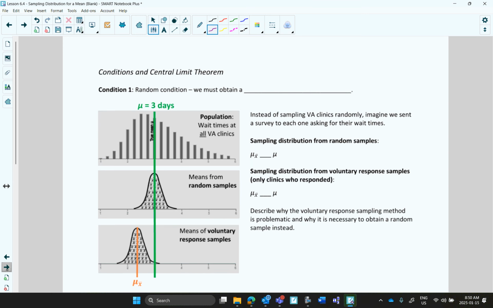So in order for us to use the population mean in our calculations, or in our inference, remember, it has to be a random sample.